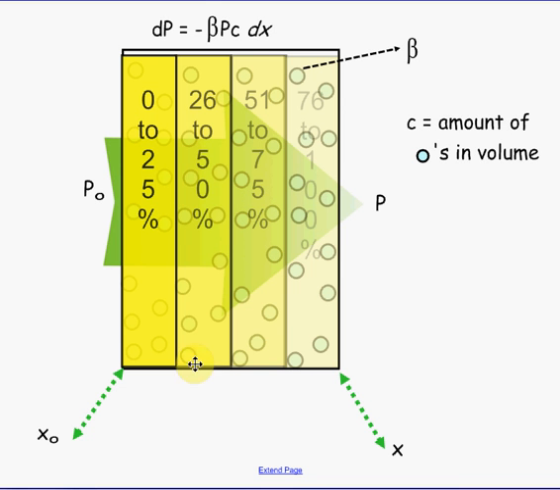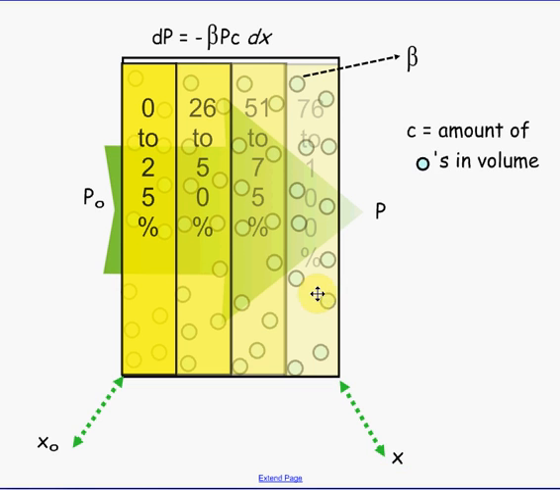And I made the yellow rectangles fade to indicate that more and more of the path is being traversed, and also the power is decreasing as you go along that path.